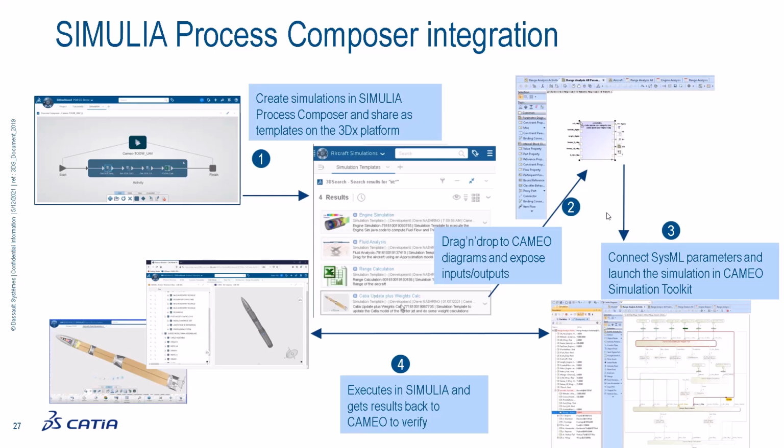Also, Cameo could be used as a connector for Process Composer for the same purpose, and then we can get multiple other models, with hundreds of connectors supported for this automation tool.